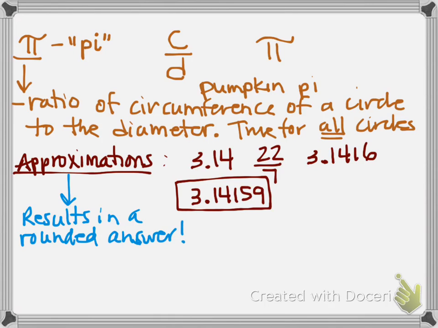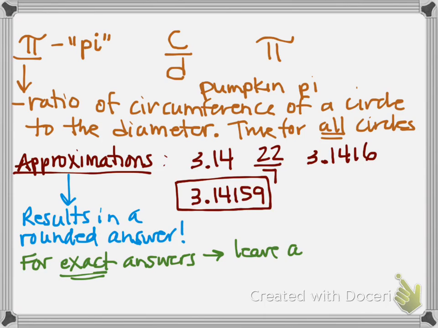So if you want to have an answer that's exact, so for exact answers, we don't use an approximation for pi. We leave the answer in terms of pi. So 2 pi is an exact answer. 6.28 is a rounded answer.